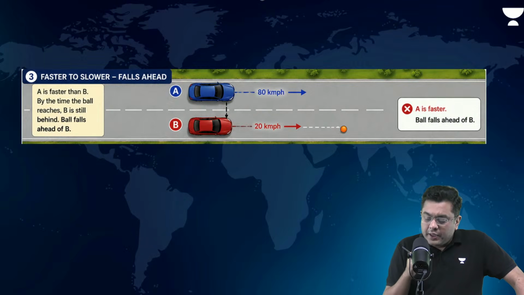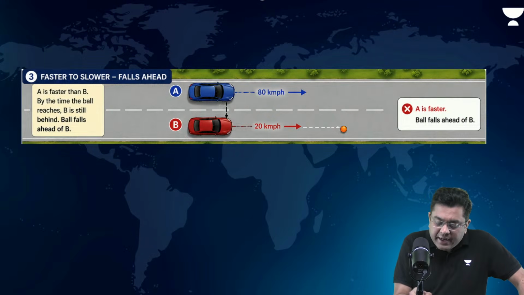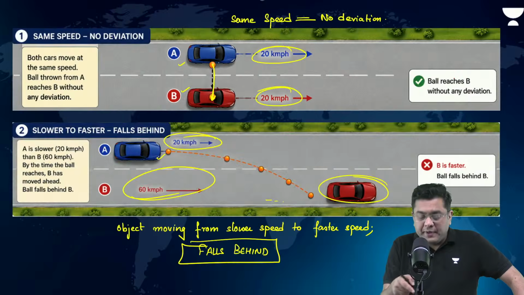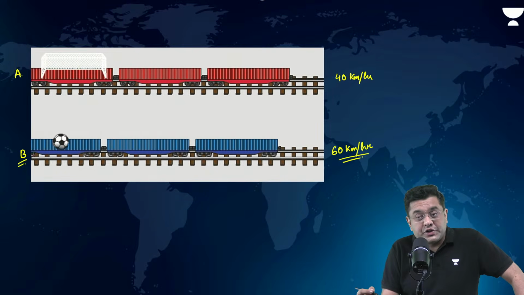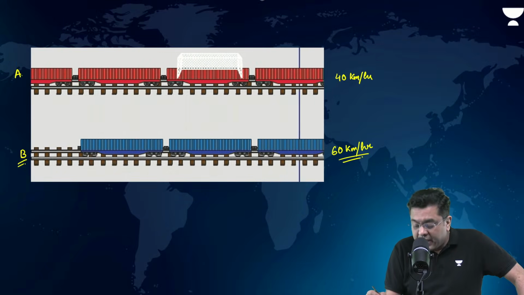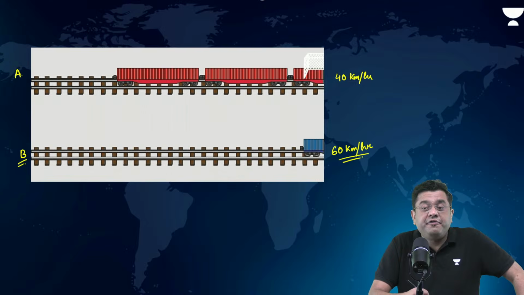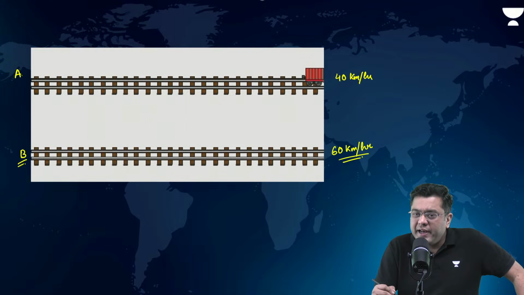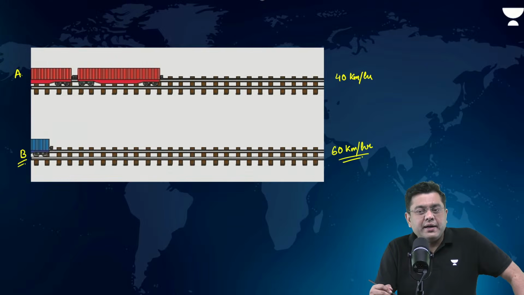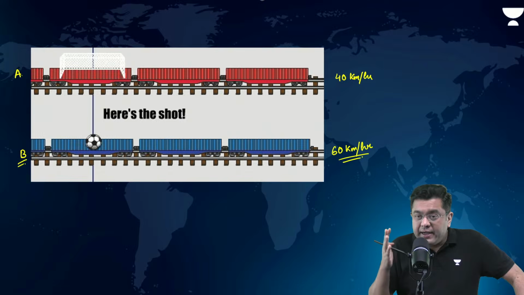What if you basically have car A, which is moving at a faster speed? What we observed in the case of this train example. Here, object is moving from a faster to a slower train. What is happening? It is falling ahead.